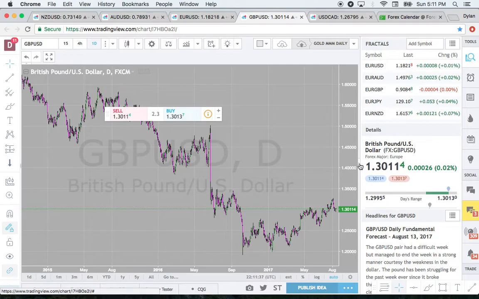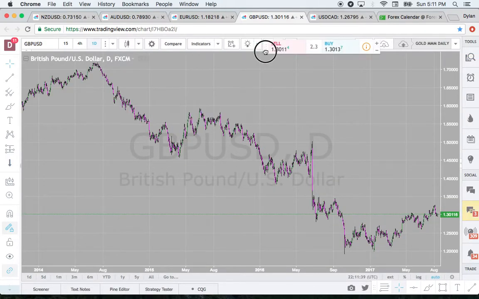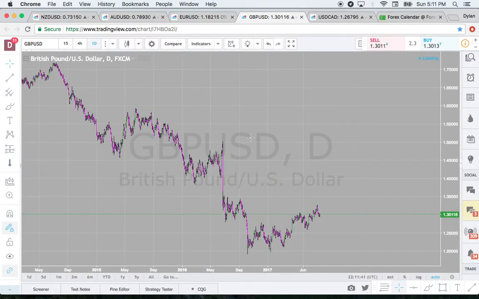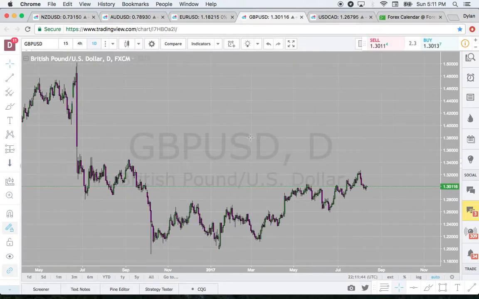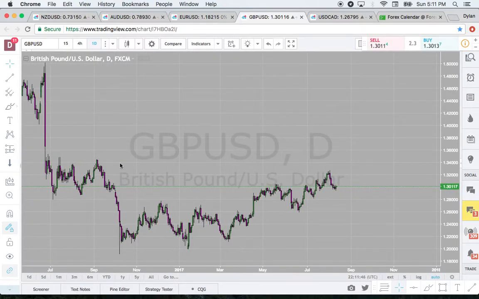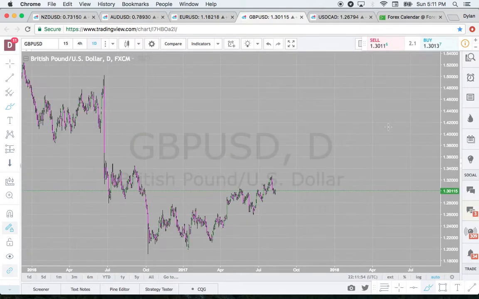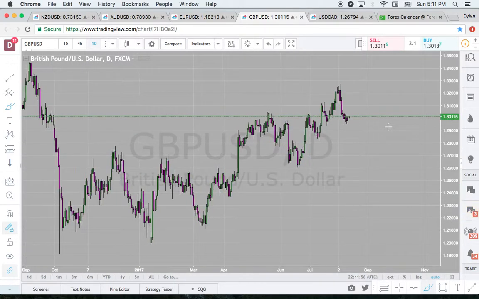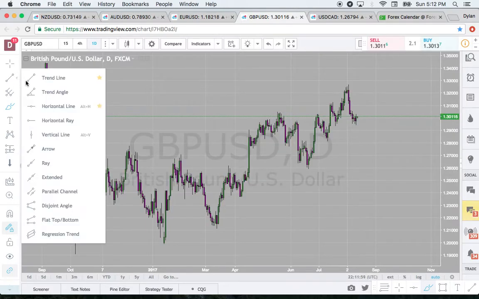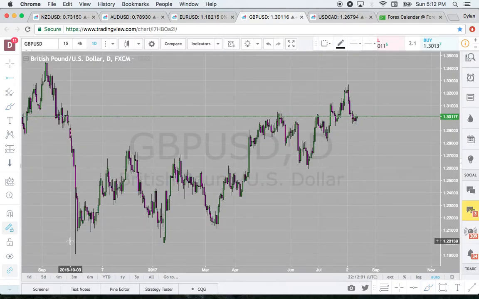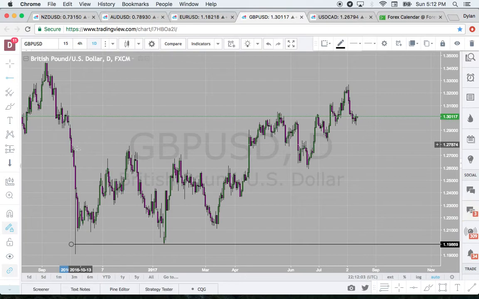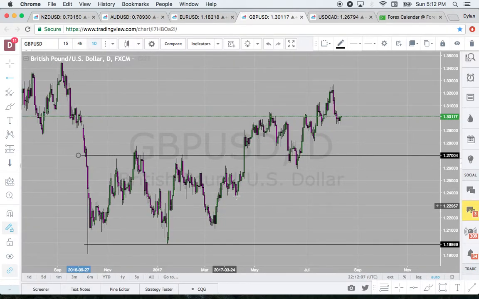Let's move on to the GBP USD. The daily. Now the GBP USD is really in a nice uptrend, a steady uptrend. We can see it was in sort of a range right here.